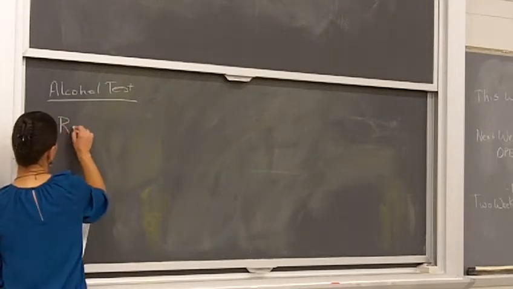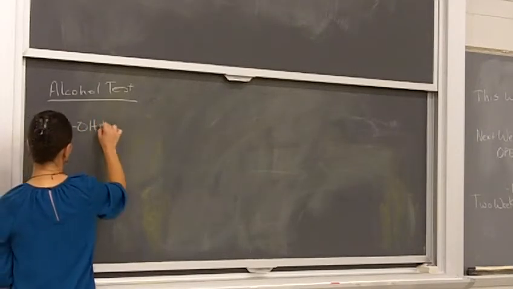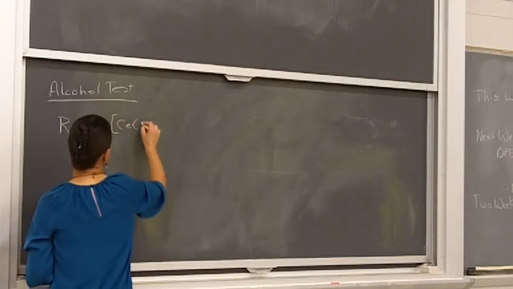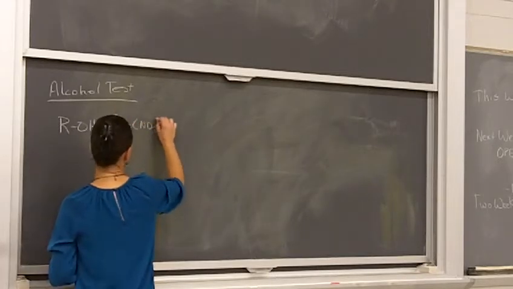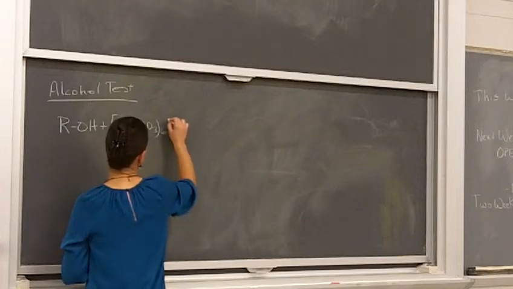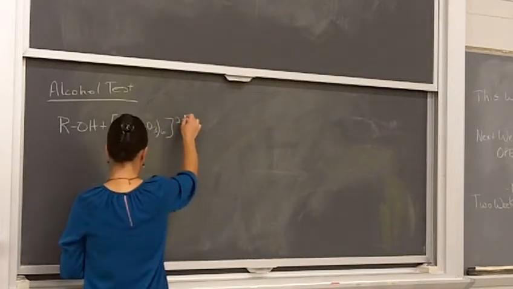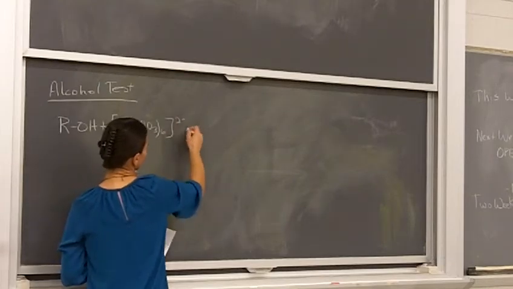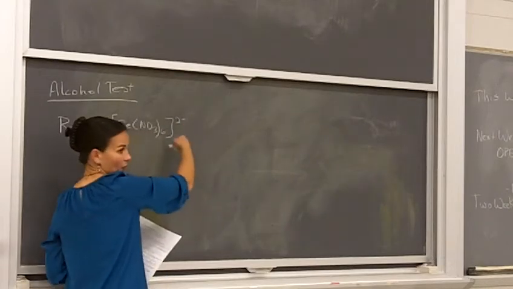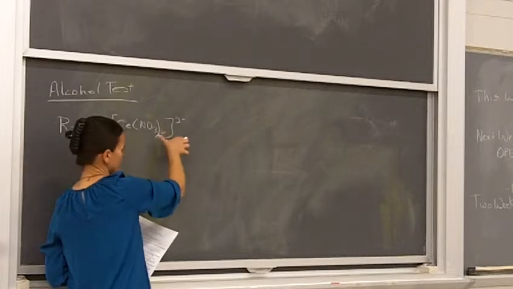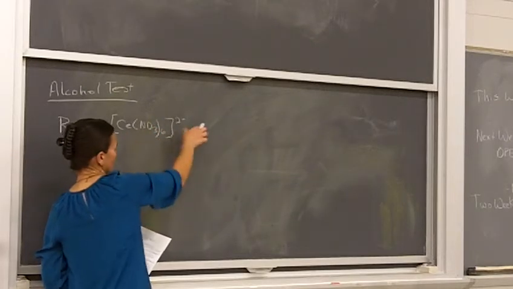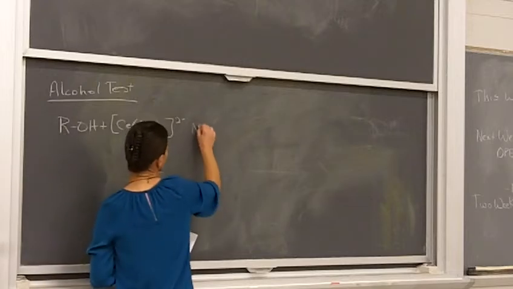So we've got our alcohol here, plus here is our ferric ammonium nitrate. So here's our nitrate. And the ammonium comes from the 2 ammonia that are your counter ion here, okay? So this exists as the ferric and the nitrate together, and the counter ion is your ammonium, okay?